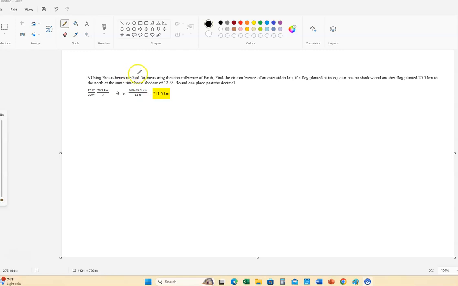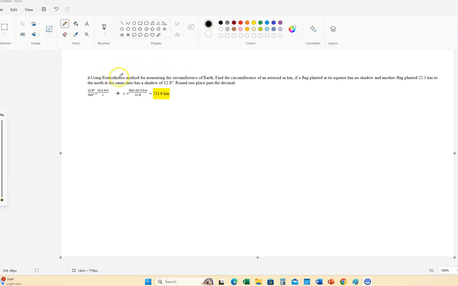The town where there was no shadow was called Syene. It doesn't exist anymore, but you just basically follow the Nile River down, and he actually paid somebody to count the steps to do this. I'm sure you read this in chapter 2.